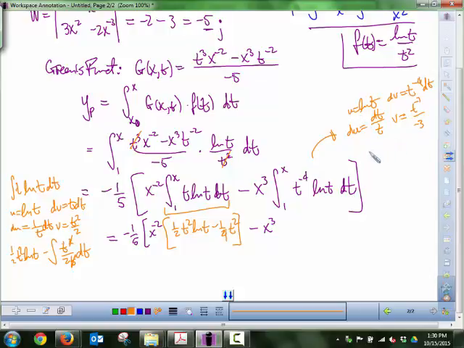So the antiderivative is negative 1/3 t to the negative 3 ln t minus the integral of t to the negative 3 divided by t. What is that? It's t to the negative 4 over 3 dt.